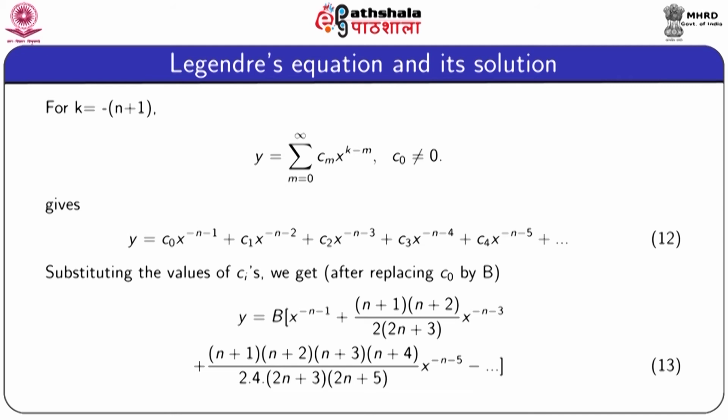Substituting all the values of C i's that we have calculated previously and replacing C0 by an arbitrary constant b, we get y equal to b times x to the power minus n minus 1 plus (n plus 1) into (n plus 2) divided by 2 times (2n plus 3) into x to the power minus n minus 3 plus (n plus 1) into (n plus 2) into (n plus 3) into (n plus 4) divided by 2 into 4 into (2n plus 3)(2n plus 5), x to the power minus n minus 5 and so on.